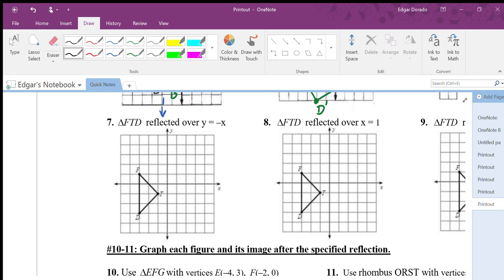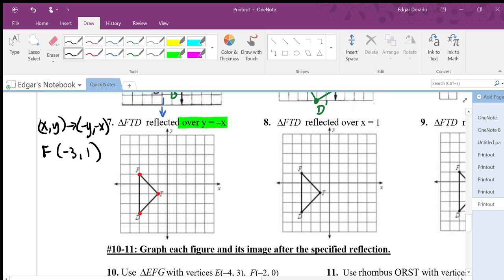So once again, this one is asking to do a reflection over the line y equals -x. I know that my rule is that x comma y has to turn into -y, -x. So once again, just like earlier, guys, I asked you to go ahead and just write the coordinates of all these. That'll help you out for when you're writing your reflection and your new image. So F is going to be -3, 1.